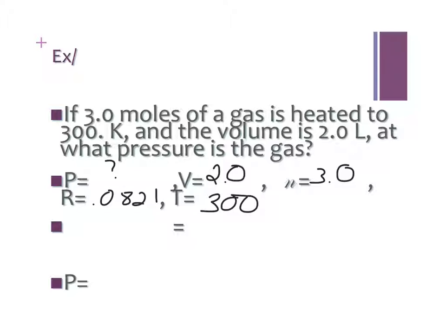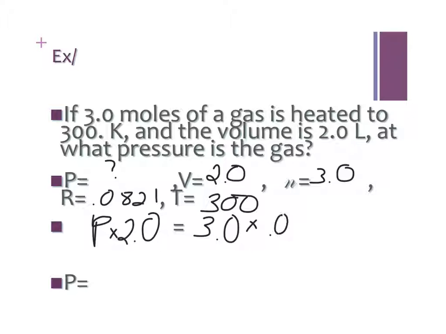Now you've got 2 options. Some people would like to rearrange and solve for P. If you want to do that, that's fine. Other people are just going to plug it in and solve. That's what I usually do. So we don't know P. V is 2.0. N is 3.0.